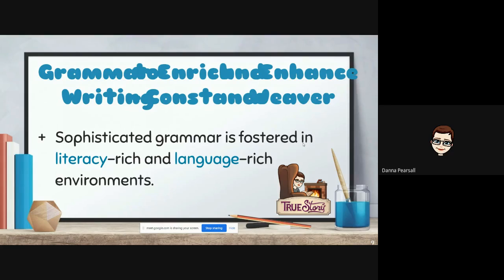So the more, it's a proven fact, the more that you read, the better you are at writing. And when you're reading novels, going back to the last slide, the author doesn't put in there, hey, I'm using this subordinate conjunction so that I can blah, blah, blah. Like they just do it. And students pick that up.